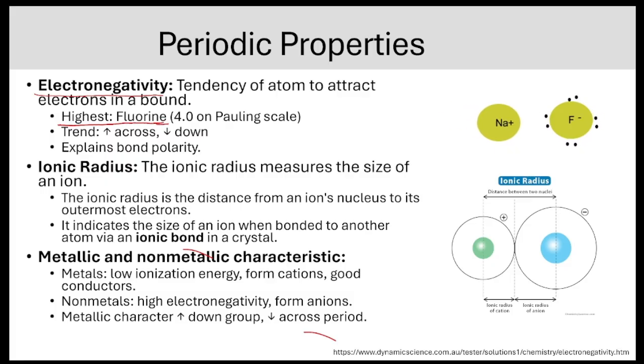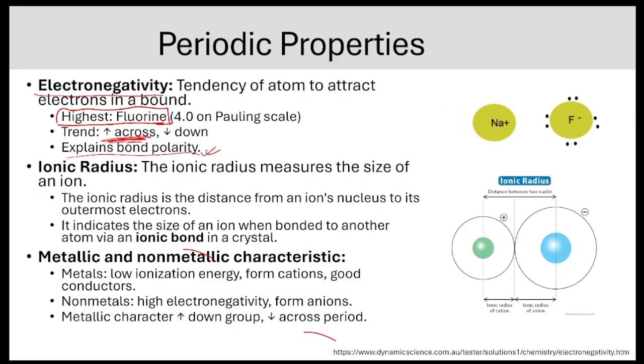The element with the highest electronegativity is fluorine. If we go across the period, the electronegativity increases, and if we go down a group, it decreases. Electronegativity is useful in explaining bond polarity in a reaction. We will talk about this in upcoming chapters.